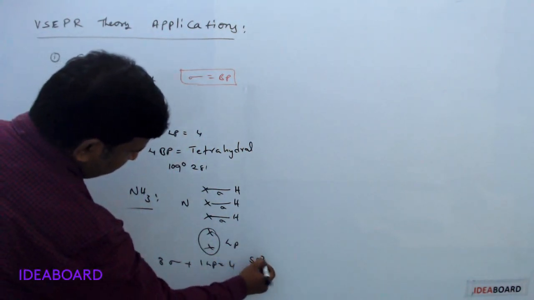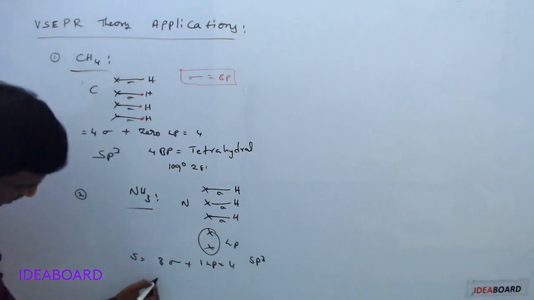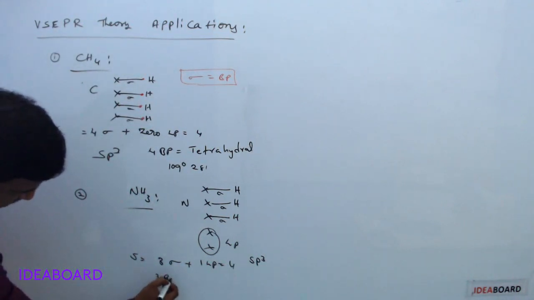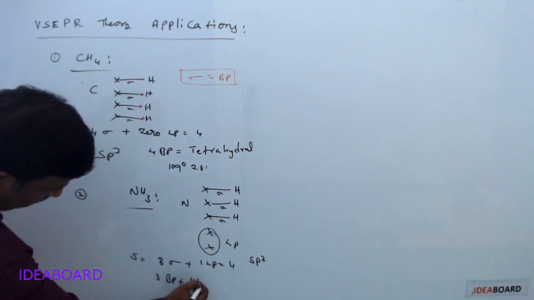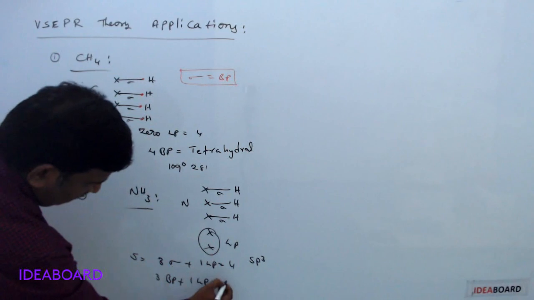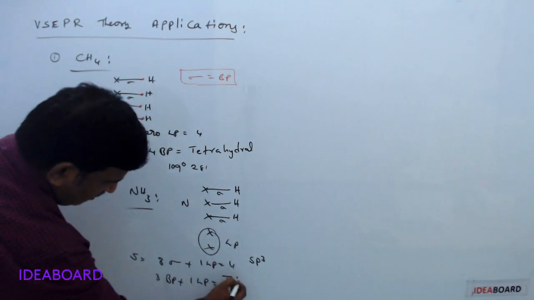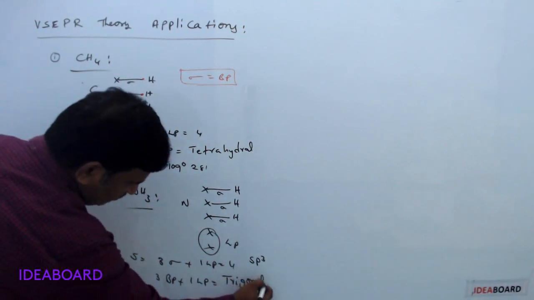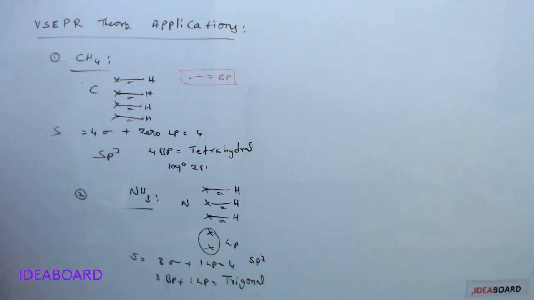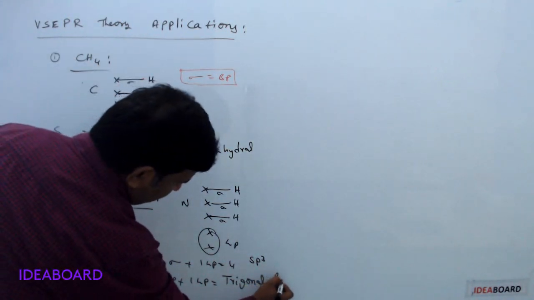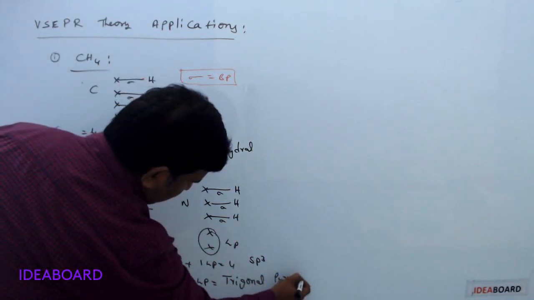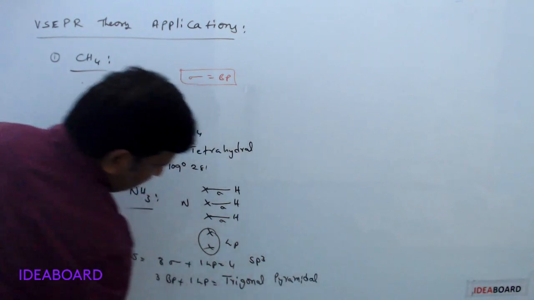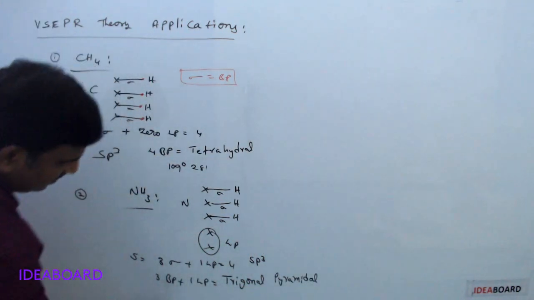So again it is sp3, but because of 3 bond pairs plus 1 lone pair, the shape of the molecule becomes trigonal pyramidal. And the bond angle decreases.